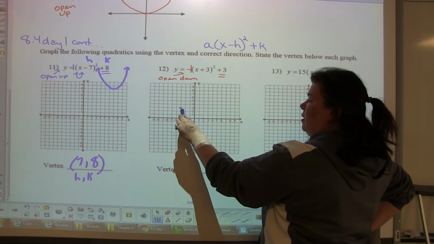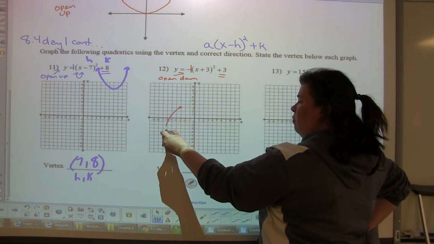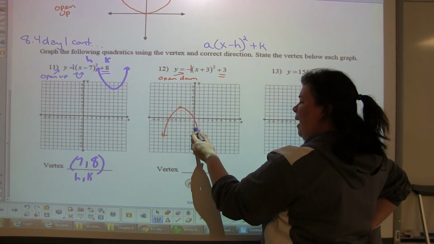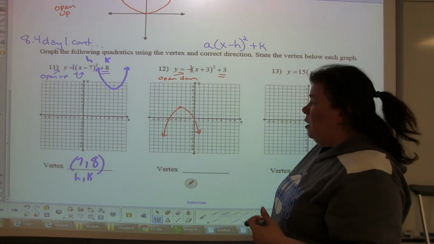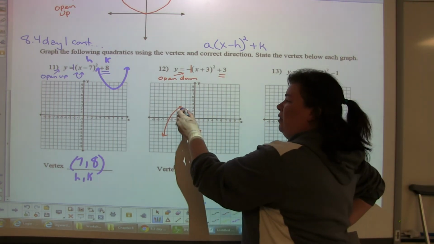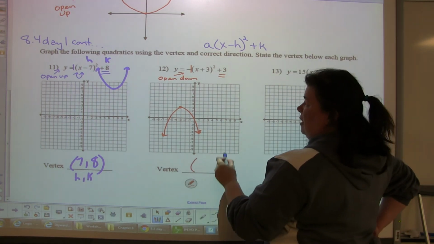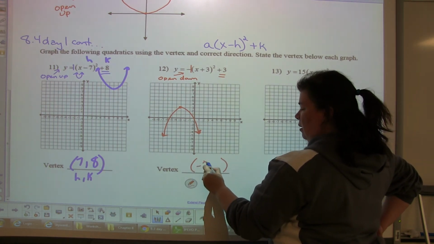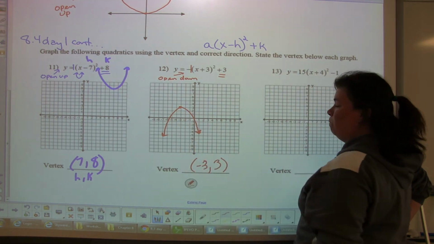So we're going to put a dot right there by our vertex, and since this is opening down, we're going to open downwards. Now I'm not really concerned about how wide your graph is, as long as it's a U, parabola shaped, as long as you indicate the vertex and the direction and the arrows. So the vertex is at -3, comma, +3. Okay?